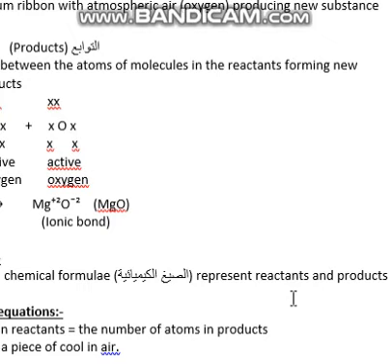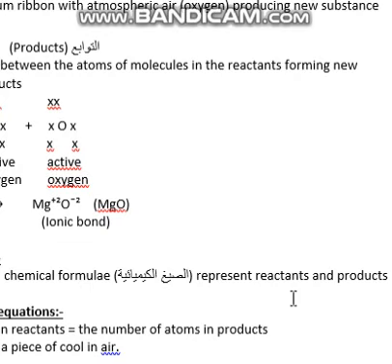The bond between the two atoms of oxygen is called a double covalent bond, and I explained this bond in the first lesson about chemical bonds and the kinds of chemical bonds. This double covalent bond breaks into two active oxygen atoms.